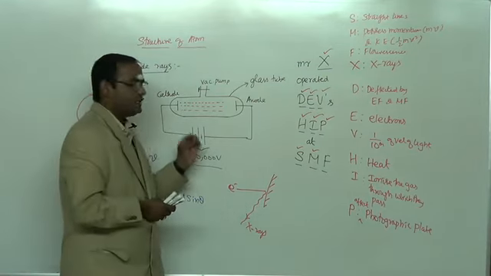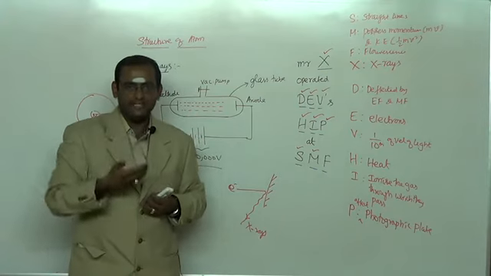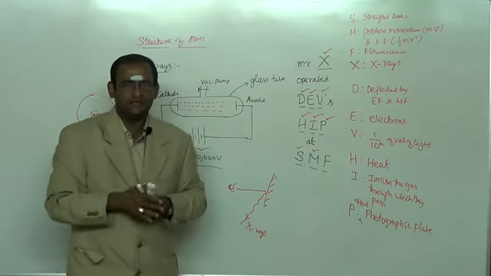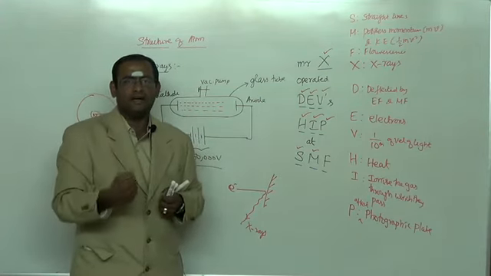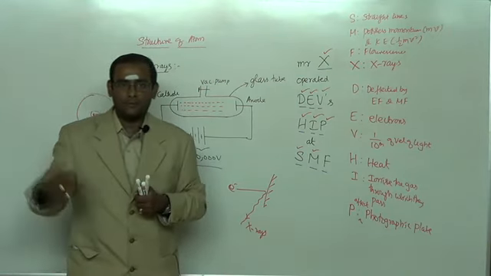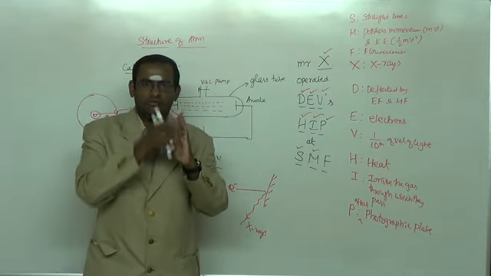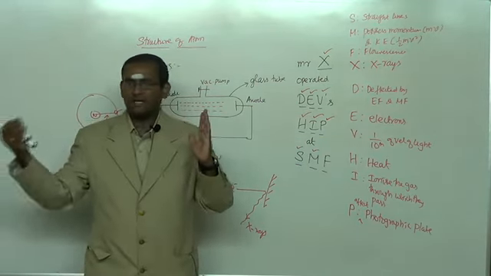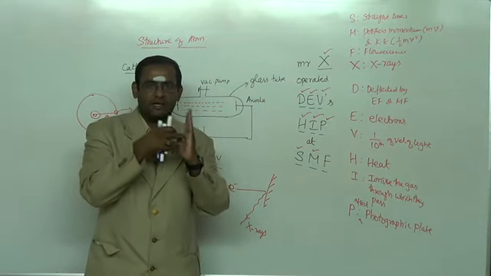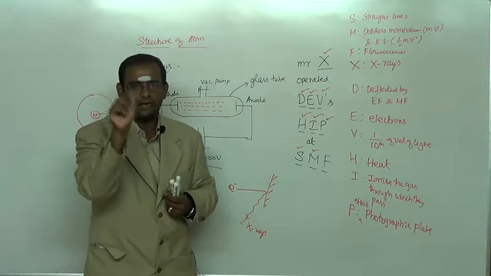Whenever electrons bombard a sheet coated with fluorescent materials, what are the fluorescent materials? Zinc sulfide, cadmium sulfide, aluminum stearate. We can give any number of compounds like this. Whenever a sheet is coated with fluorescent materials, when electrons bombard this material, a spot is observed at the point of contact.